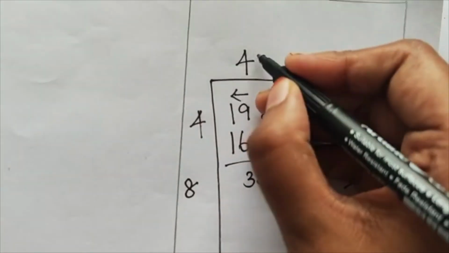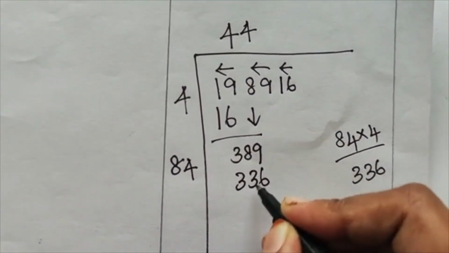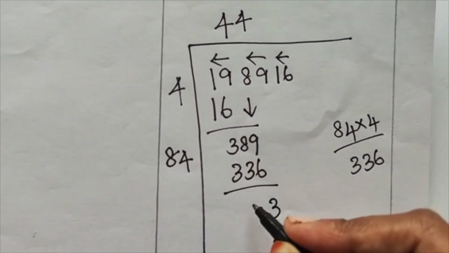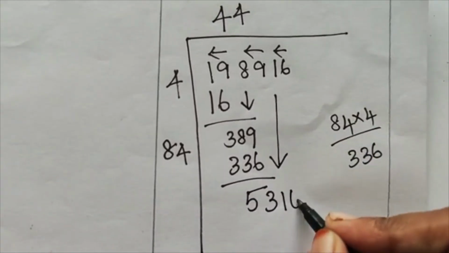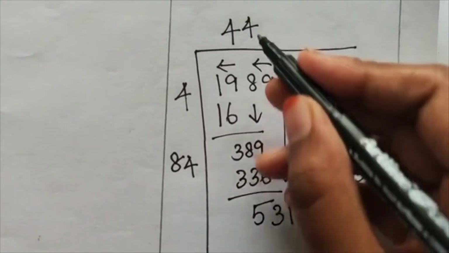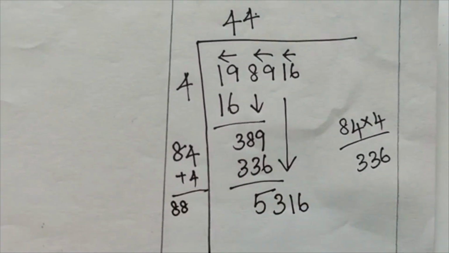So let me put here 4, 4, 3, 3, 6. Subtracting we get 3, 5, 5, 3, 1, 6. So 84 plus this 4, 88.